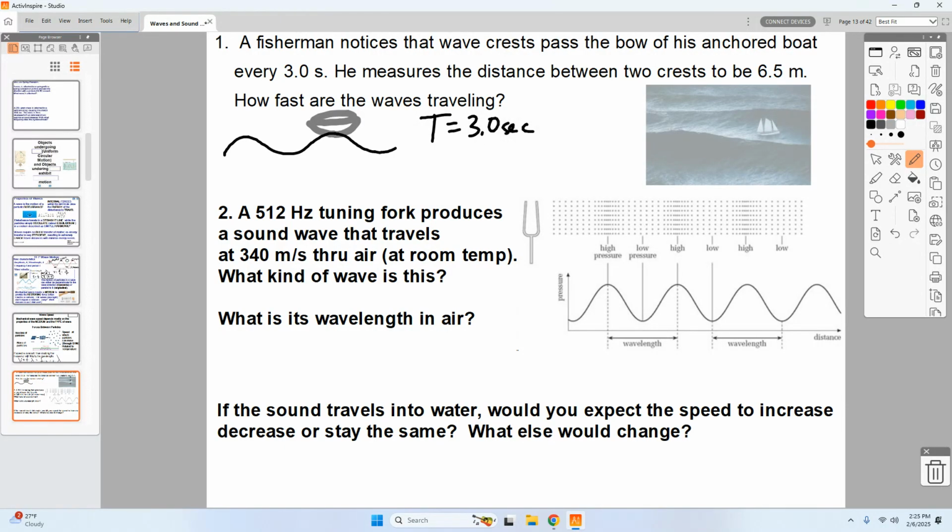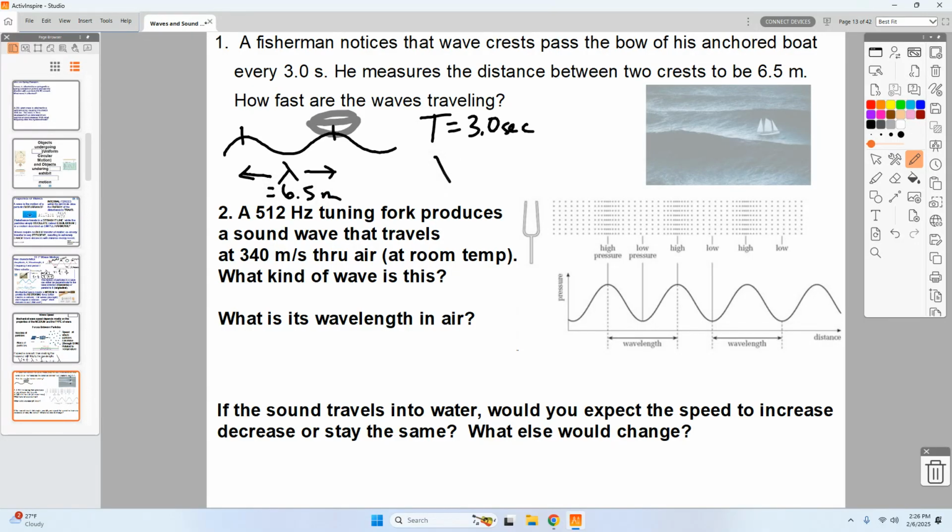Now he measures the distance between the two crests to be 6.5 meters. That's one crest, that's another crest. What is that quantity in wave speed? That's a wavelength. So from one crest to the next is a wavelength. That's 6.5 meters. If I want to determine the wave speed, it's really not that bad.